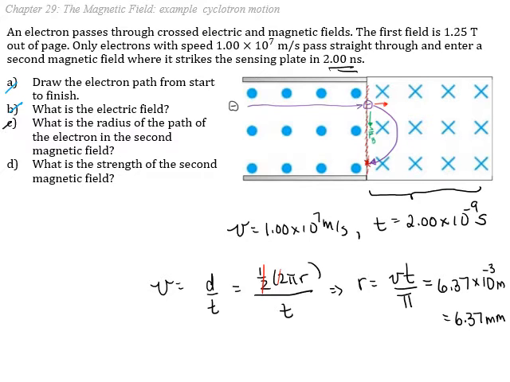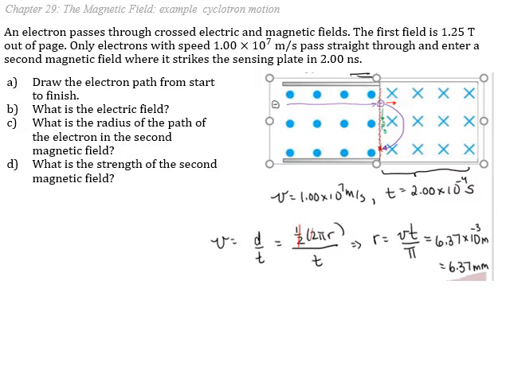Okay, there's C done. Now we'll do part D and figure out what is the strength of the second magnetic field. For our last part now, to find the strength of the second magnetic field, we write Newton's second law on our electron when it's in the field. Sum of the forces is m times a. Assuming the gravitational force is small compared to the magnetic force, then the magnetic force is m times a.